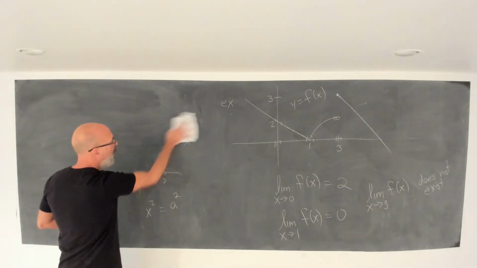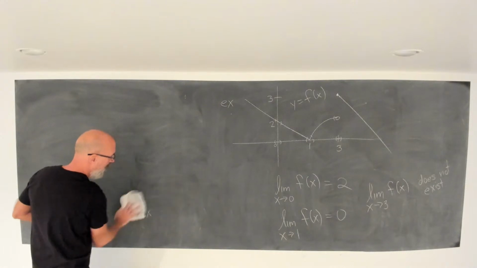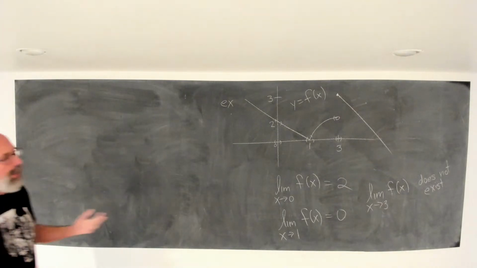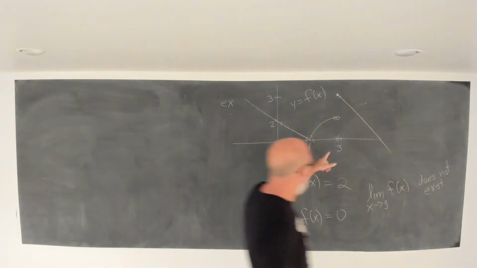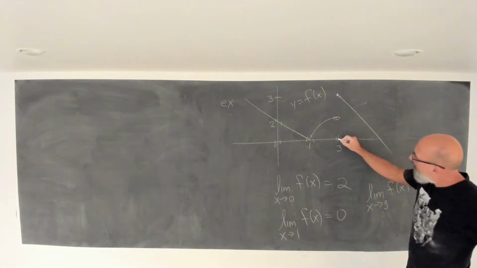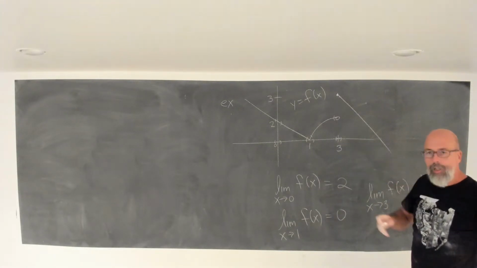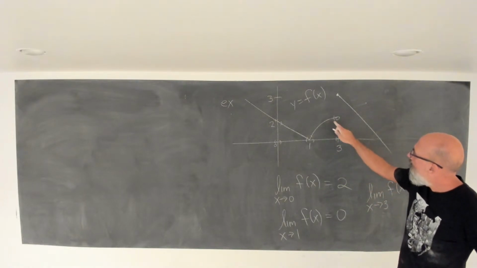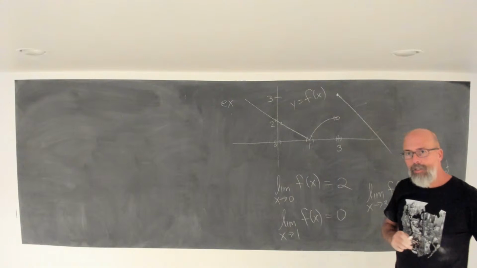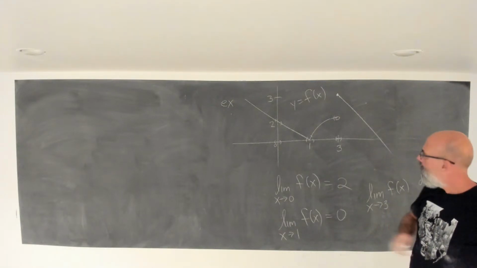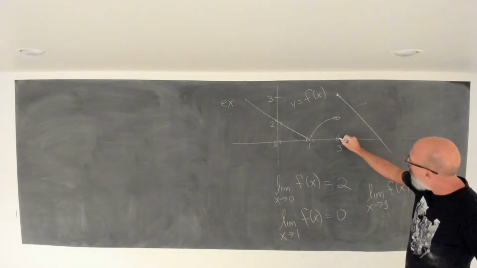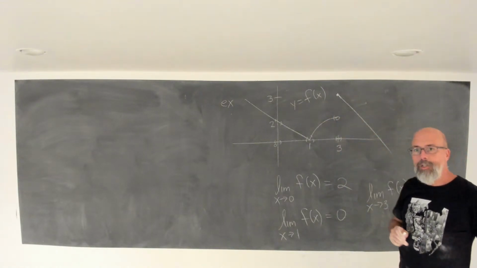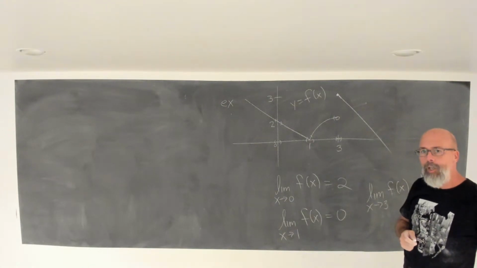But this, however, brings up the interesting idea of left and right-handed limits. If you were restricting your attention to values less than or equal to 3, then the limit would actually exist and be 2. If you were restricting your attention to values strictly bigger than 3, then the limit would exist as well and be 3.